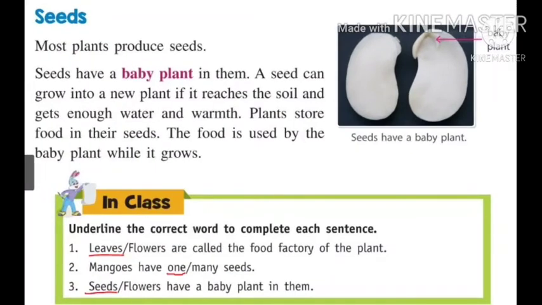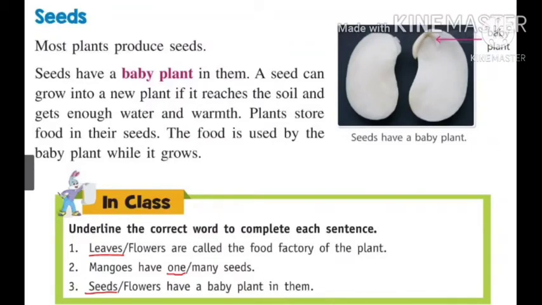Now let's talk about our last subtopic, that is function of seeds. Most plants produce seeds. Seeds have a baby plant in them. A seed can grow into a new plant if it reaches the soil and gets enough water and warmth. Plants store food in their seeds.